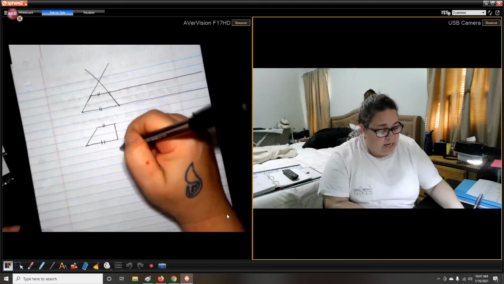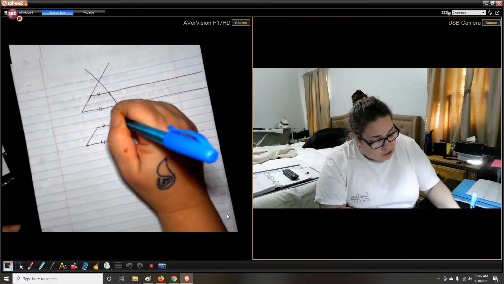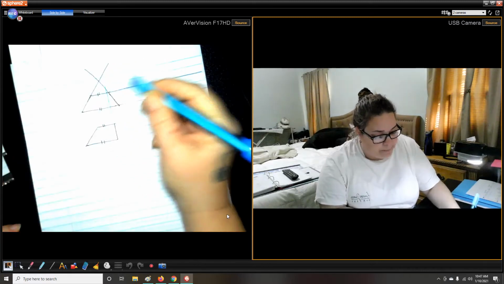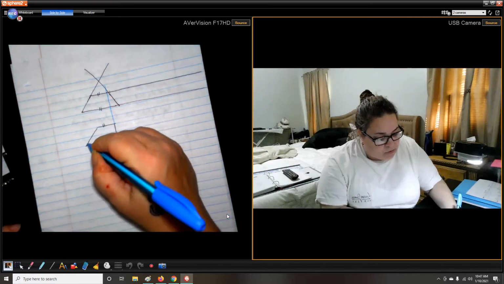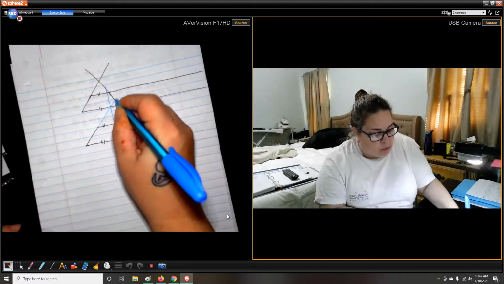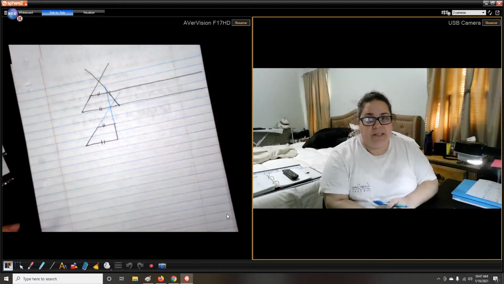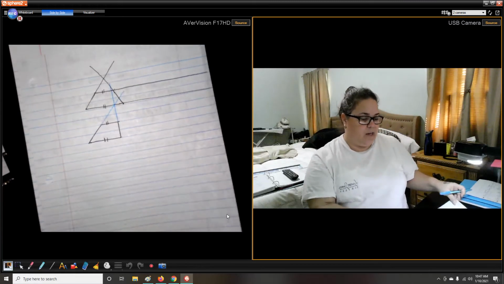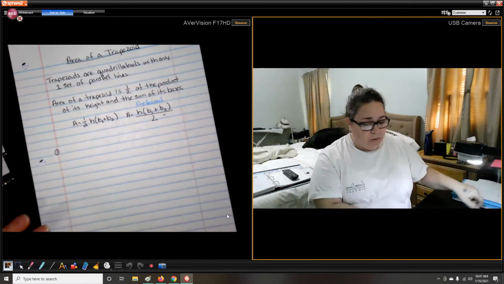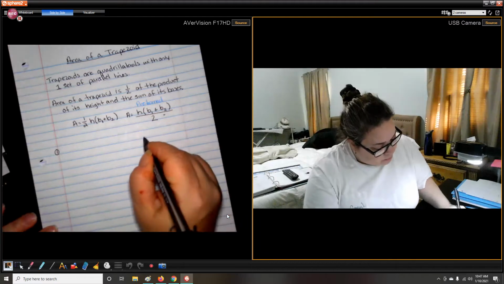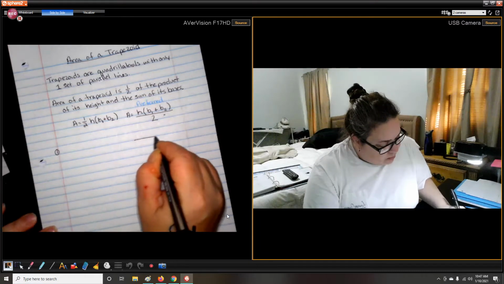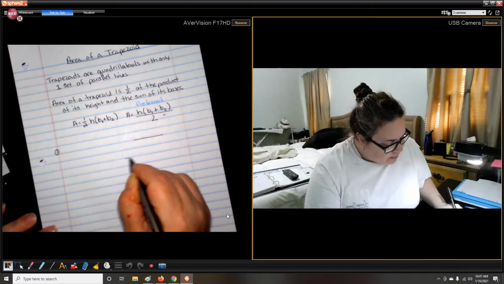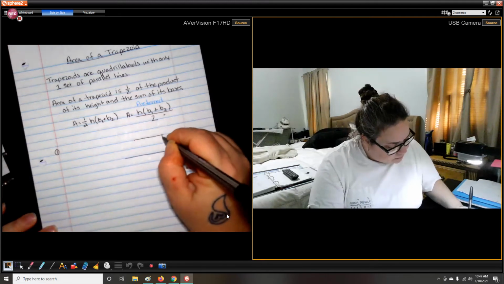But this line and this line do not. If I draw a line and I keep going, I'm going to go up into the other shape, and then if I come over here and I draw this line and I keep going, it crosses. So see how it's not parallel lines. So that means it's also a trapezoid. Okay, so this trapezoid that we're going to draw looks like this. Take your time.